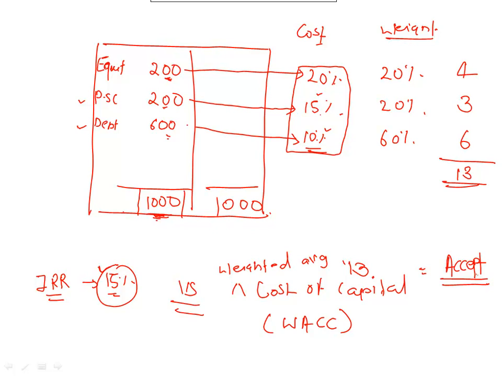Are we clear with this? So that is the reason why we need weighted average. So please write down the example and then we will start doing each of these costs one by one.